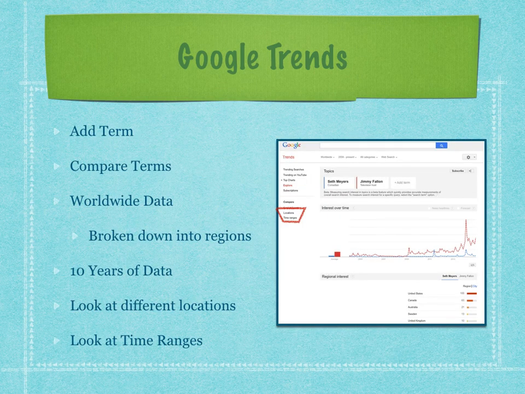Through Google Trends, you can search at the top of the screen for a topic. Google will then show you a chart of people's interest level in the topic over time. The default is to show you the past 10 years worth of searching for the topic worldwide, so it'll show you how popular the topic has been since 2005 all around the world. When you scroll down, the trends data will show you where the searches on this topic have come from.